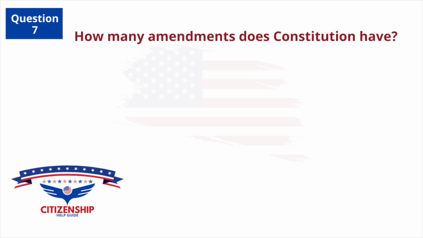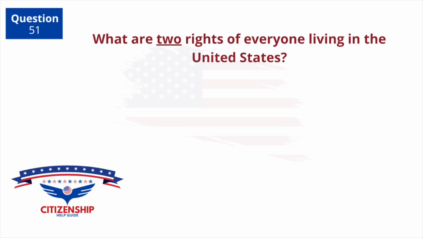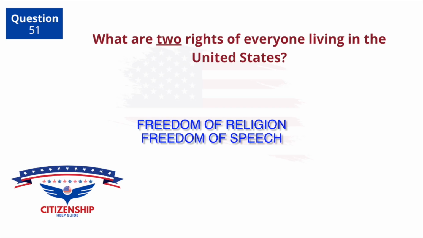How many amendments does the Constitution have? 27. What are two rights of everyone living in the United States? Freedom of religion, freedom of speech.